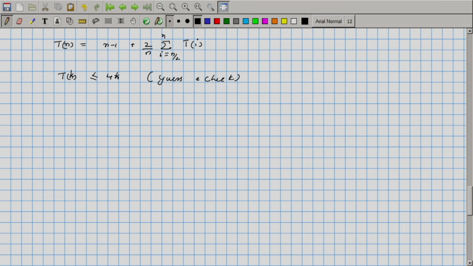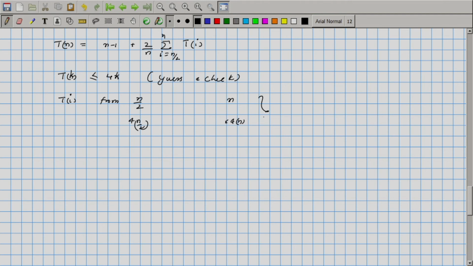Now, if this recurrence is satisfied, then we know that T(n) is less than or equal to 4n. So, when we plug that in, T(i) from n by 2 to n takes values from, let us say, 4 times n by 2 to 4n.